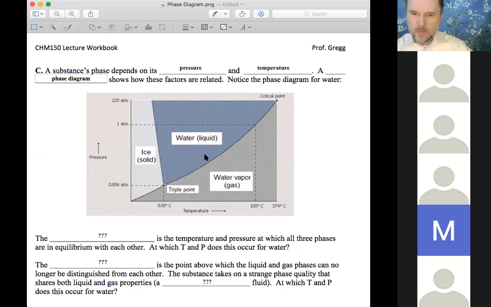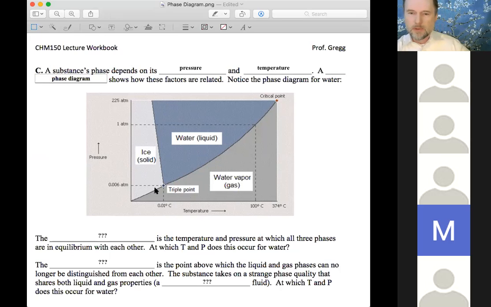And the phase diagram, as you'll see, graphs the pressure on the y-axis, the temperature on the x-axis. And then for every data point in here, we can mark down what the physical state is or what the phase is for that substance.